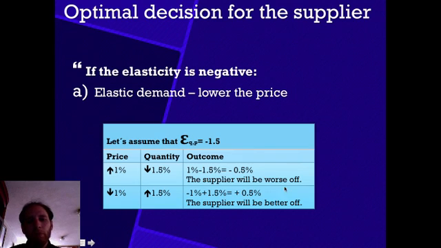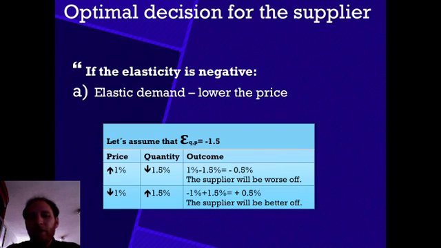So the supplier will be worse off. Okay? It's important to mention that this is just an approximation. If you want to know exactly how much you're going to win as a supplier, you should calculate all your incomes, then discount all your costs, and then you will get your benefits, right? But by using this tool, elasticity, you could have an approximation of how much benefit you would have.